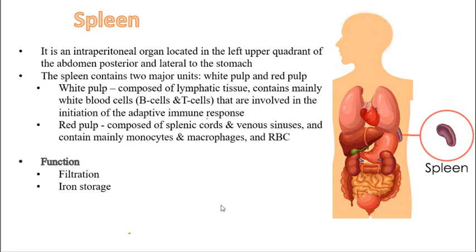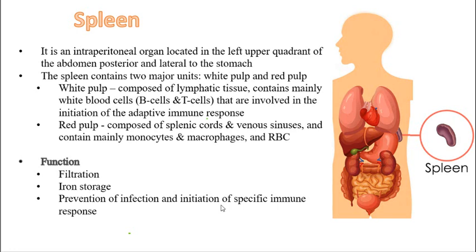Either the macrophage will store it within the cytoplasm, or they will export it to other parts, for instance back to the red bone marrow, so they could make more red blood cells. In order to make red blood cells, you need iron. So they will export that with the help of a transport protein called ferritin.